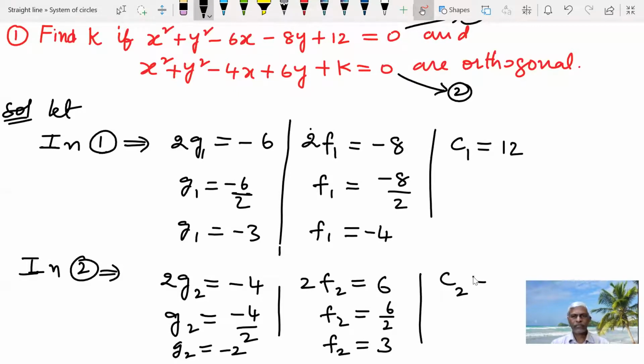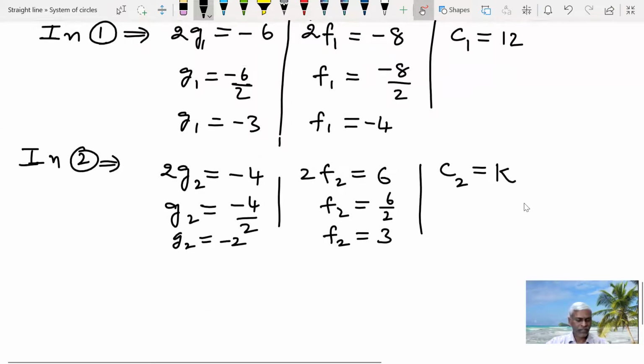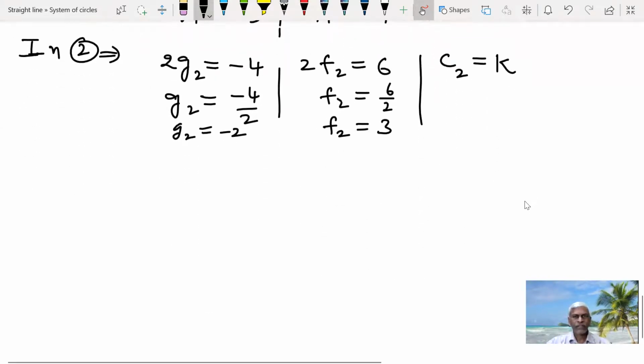And c2 is k. So after writing the g, f, c values in both the circles, now the condition for orthogonality.